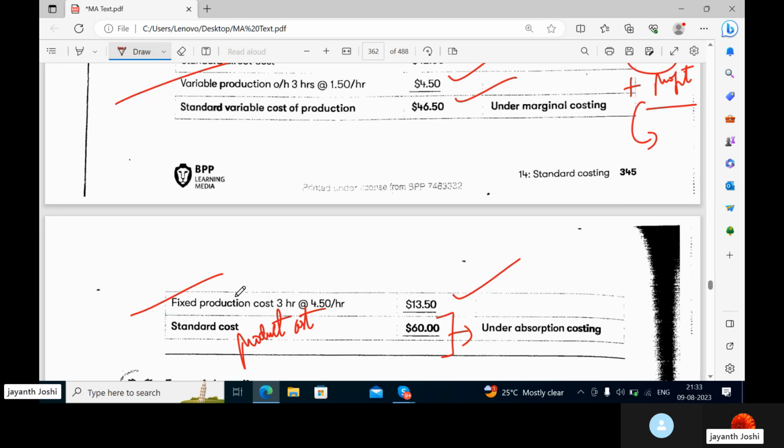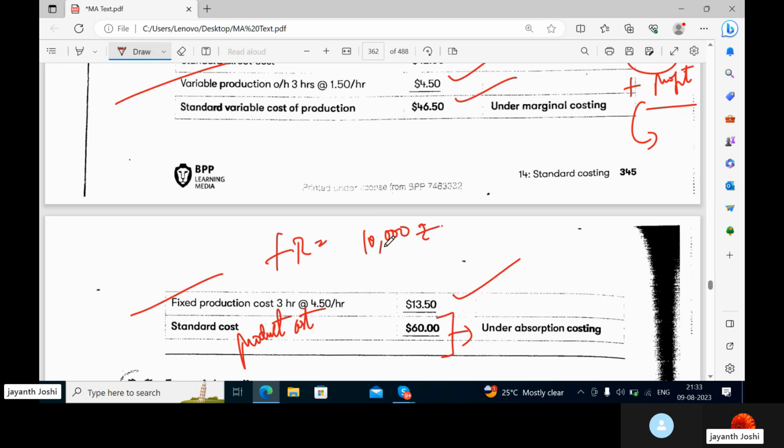Now, fixed manufacturing overheads would always be in total cost wise. Let's say factory rent, it will always be in total cost wise, like 10,000 rupees. How can I know how much factory rent has gone for making 1 unit of the product?